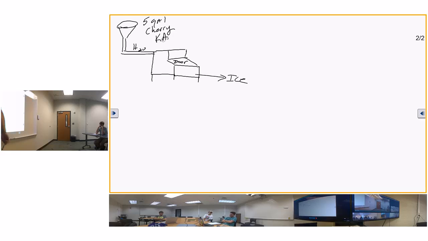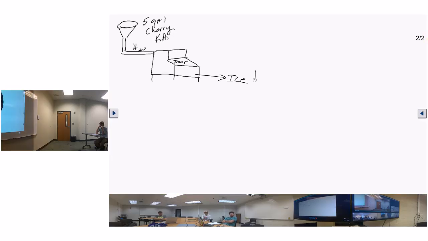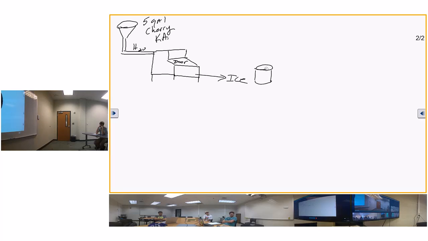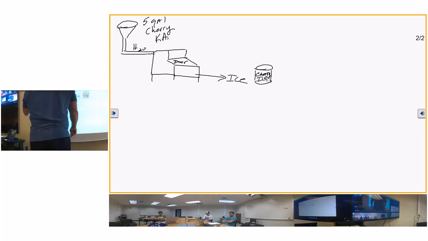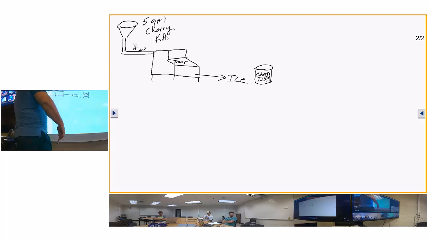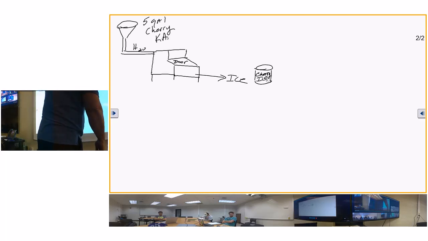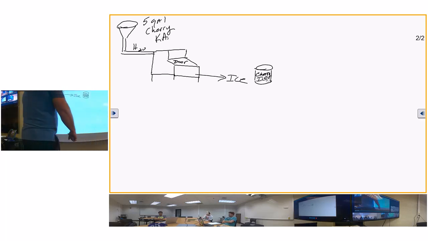What am I going to get? Cherry ice cubes, a 5-gallon bucket full of them. What if I put 5 gallons of grape Kool-Aid in? So whatever I put in, I'm going to get out. This is your domain.